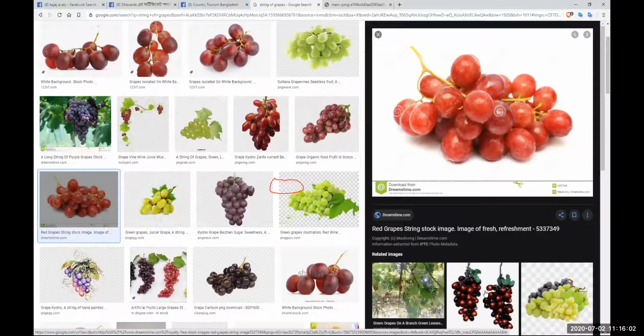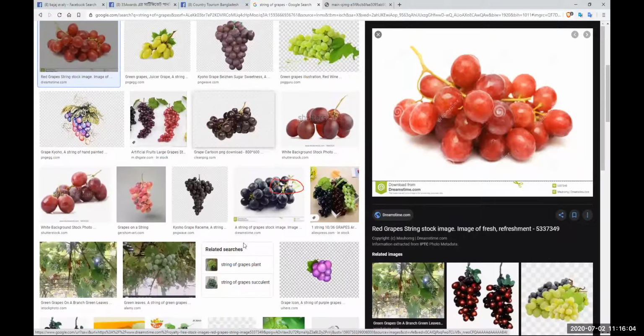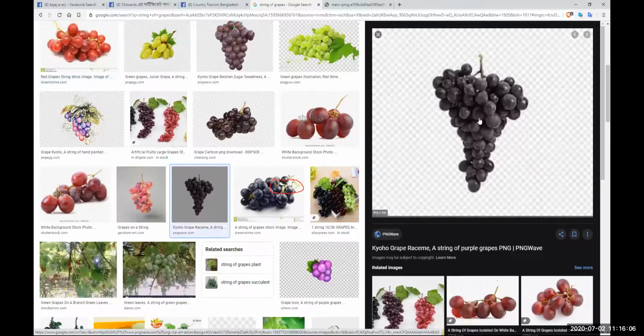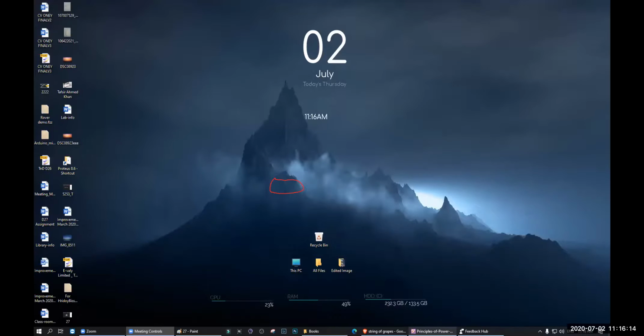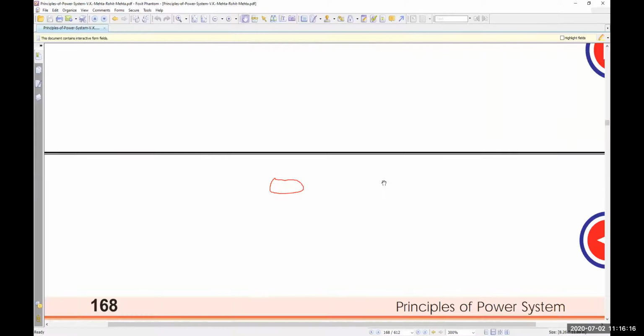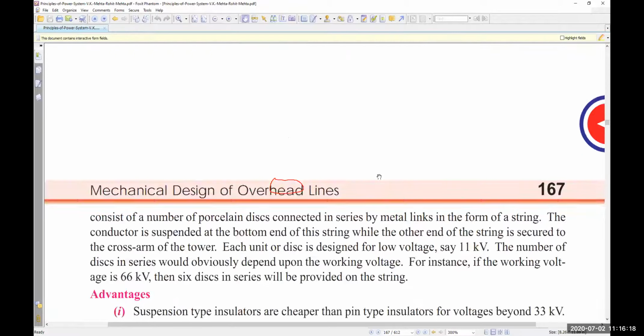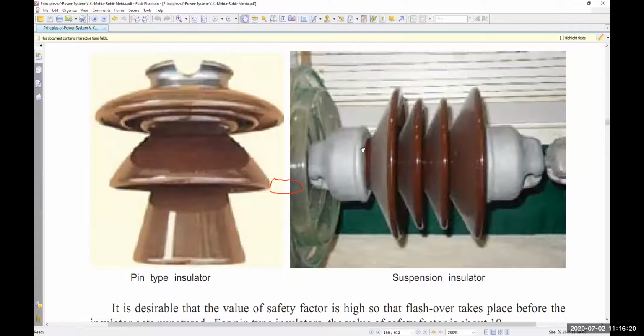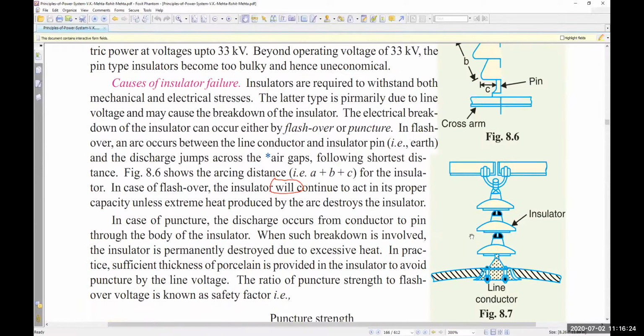That's why it is called a string of grapes. Your grapes come in a string. The whole thing is a string of grapes. So here, the whole suspension type insulator, the whole thing is called one string of suspension insulators. One string, okay?